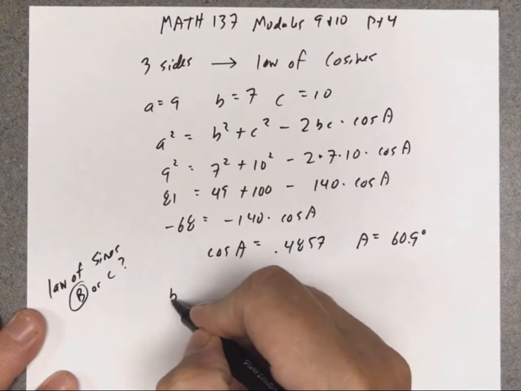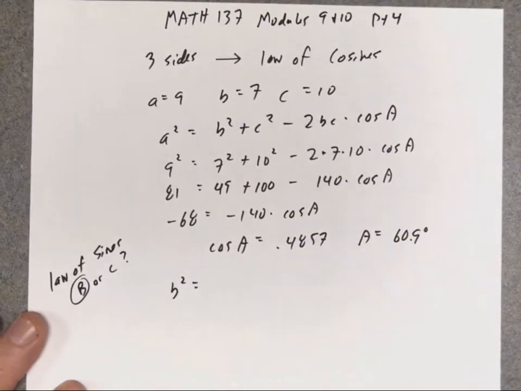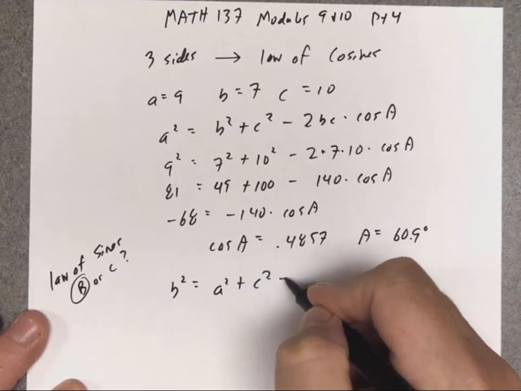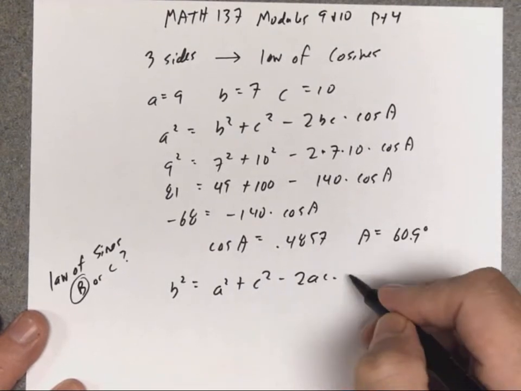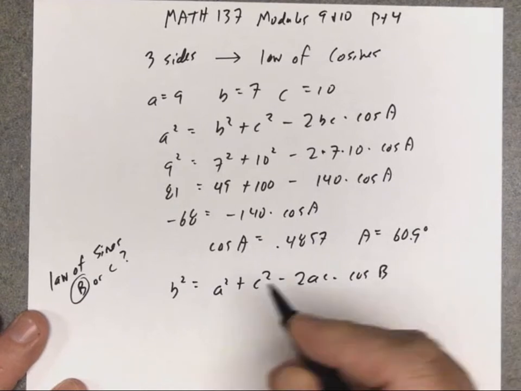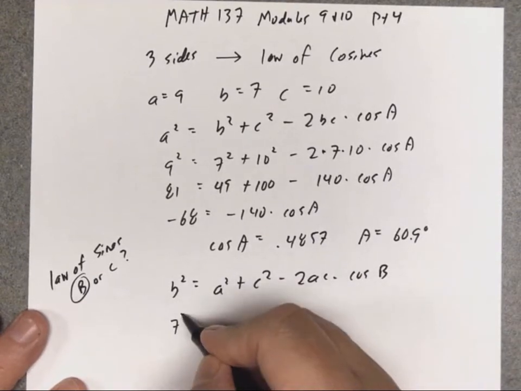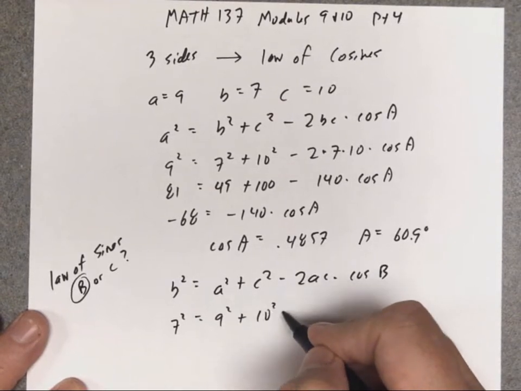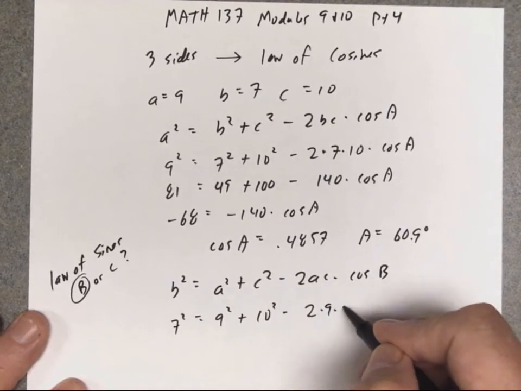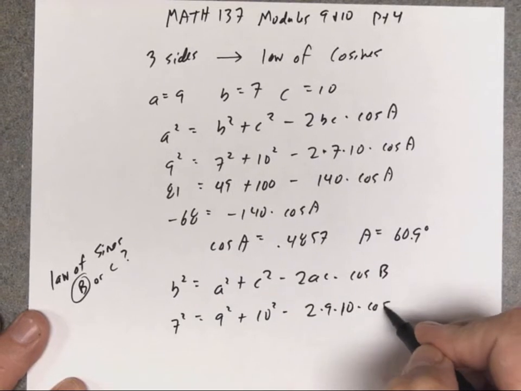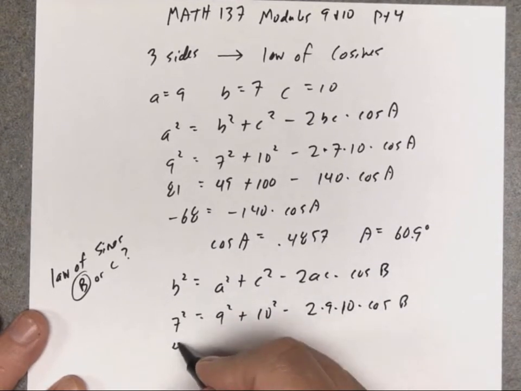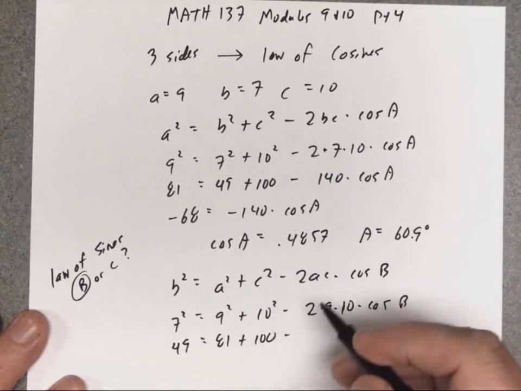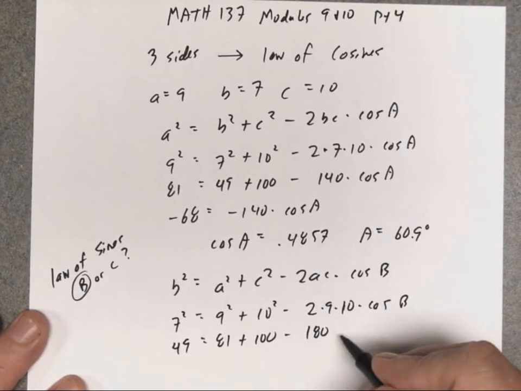But we'll use law of cosines again. So let's do angle B. So B squared is A squared plus C squared minus 2AC times the cosine of B. Once again, 7 squared, 9 squared, 10 squared minus 2 times 9 times 10, cosine of B. 49, 81 plus 100 minus 180.